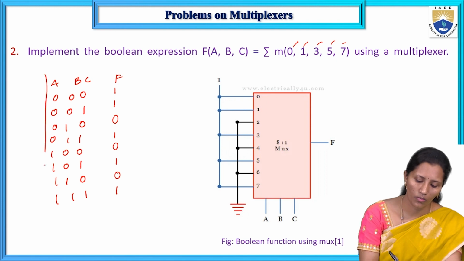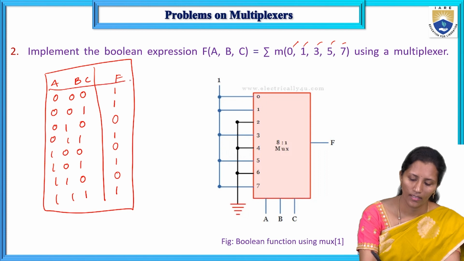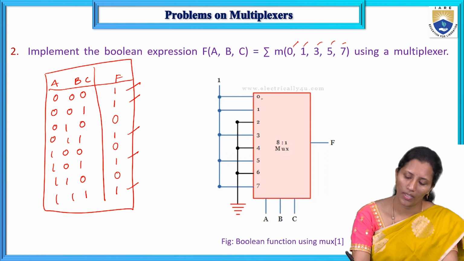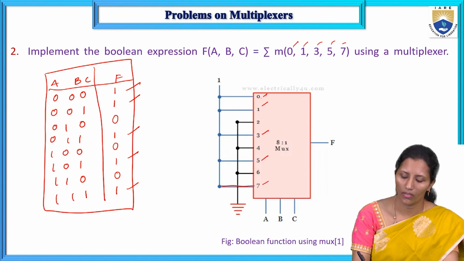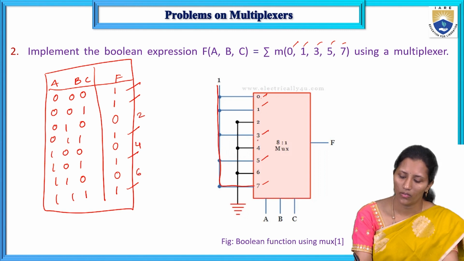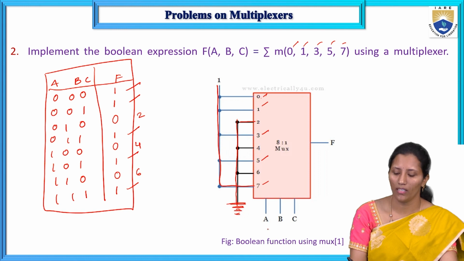So by observing this truth table, we have to connect the outputs for minterms 0, 1, 3, 5, 7 to logic 1, and the remaining 2, 4, 6 we have to connect to logic 0, that is ground. And the inputs A, B, C, we have to connect as selection lines.